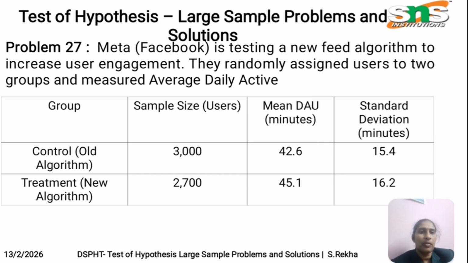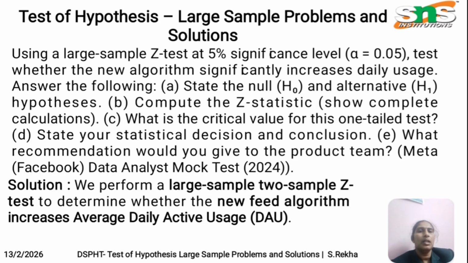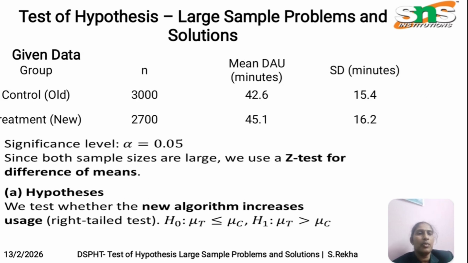They have taken samples of 3000 and 2700, where the mean is 42.6 and 45.1 and the standard deviation is 15.4 and 16.4. It is a large sample with a significance level of 5% and we have to perform a one tail test. Previously we saw a two tail test, but here we are going to analyze a one tail test.